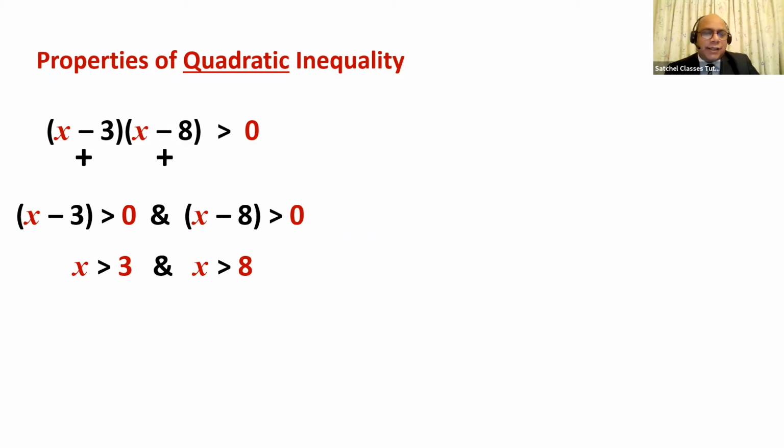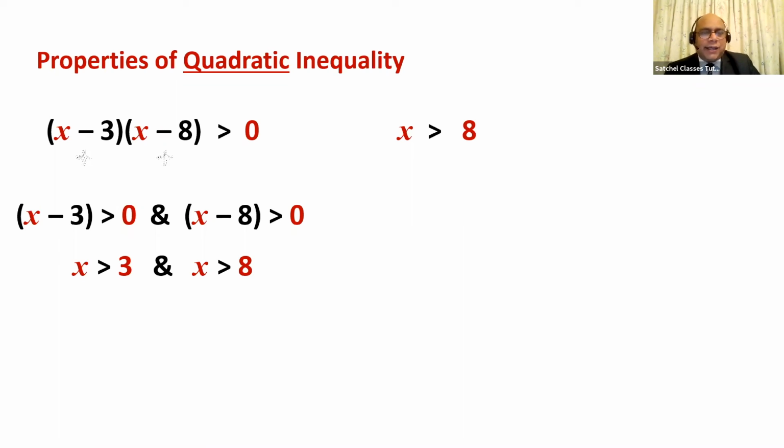Now, if x is greater than both 3 and 8, x is clearly greater than 8, right? Because it is greater than 3 as well as greater than 8. One thing which combines both of them is x is greater than 8. Because the moment I say x is greater than 8, automatically it qualifies for x being greater than 3 as well.